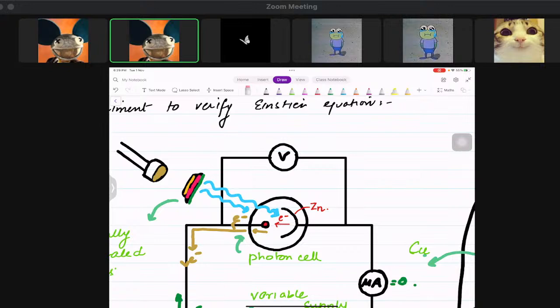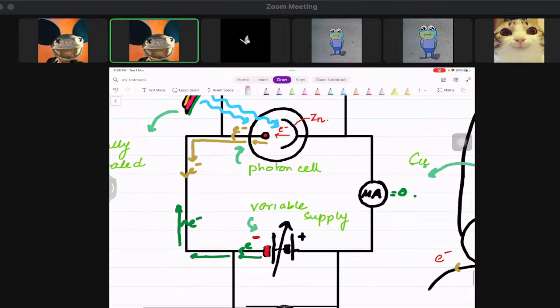Then if you look at the battery, you see the battery here is connected in the opposite direction. The negative current is entering in the yellow direction, and the negative terminal is there too. So the negative terminal will try to oppose the flow of current through the photoelectric effect. Do you understand?